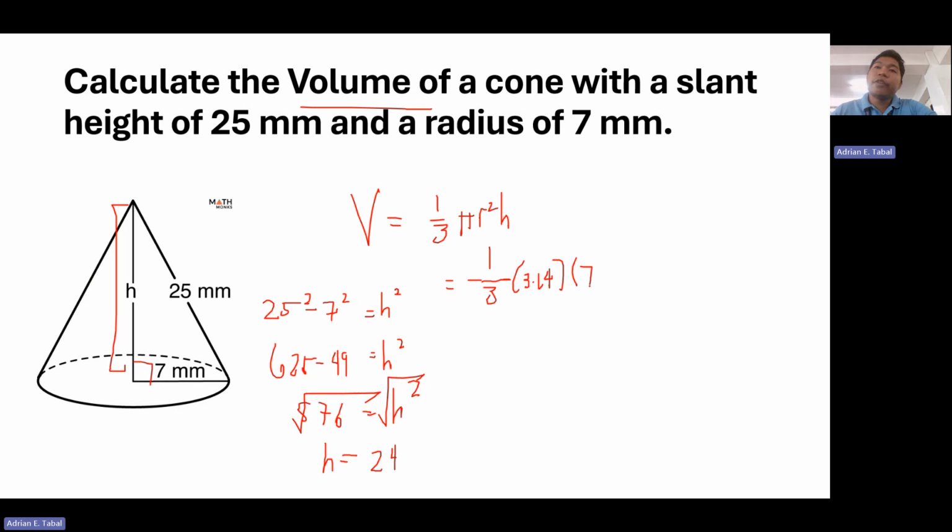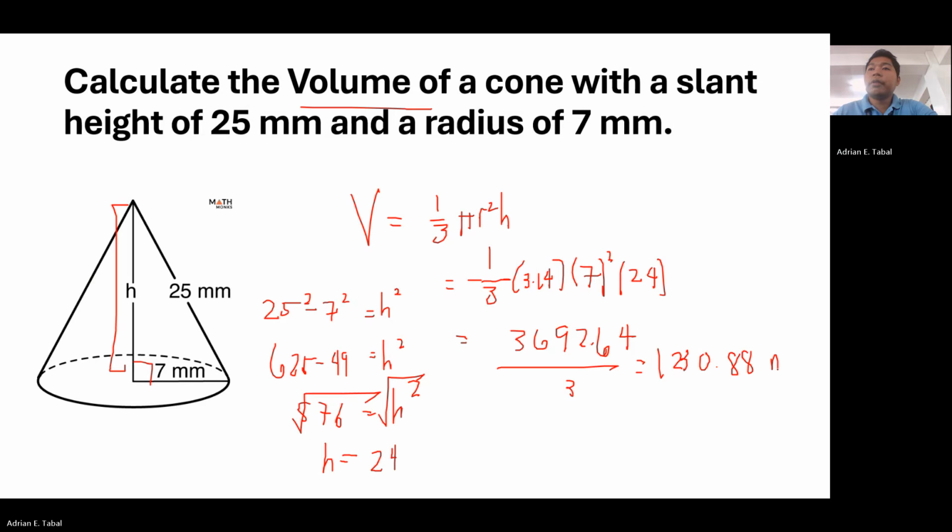1/3 times 3.14 times the radius, which is 7 squared, and the height of 24. 3.14 times 7 squared times 24, that is equivalent to 3,692.64 divided by 3, which is equivalent to 1,230.88 cubic millimeters.